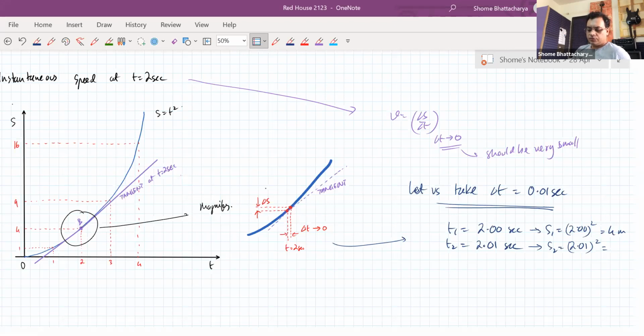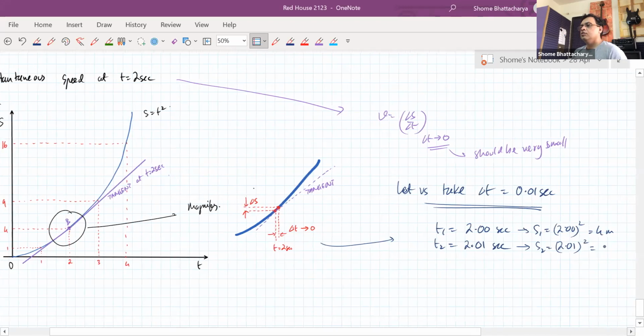4.0401. Yeah. So 4.0401, no? Okay. So if I take these values of t1 and t2, what is my v going to come out to be?